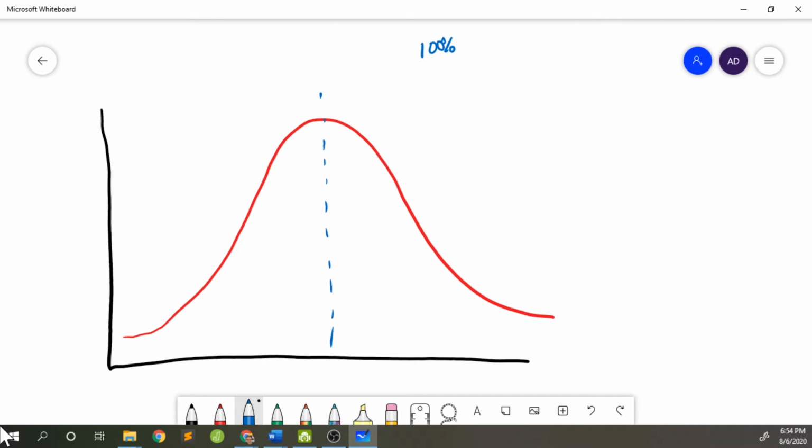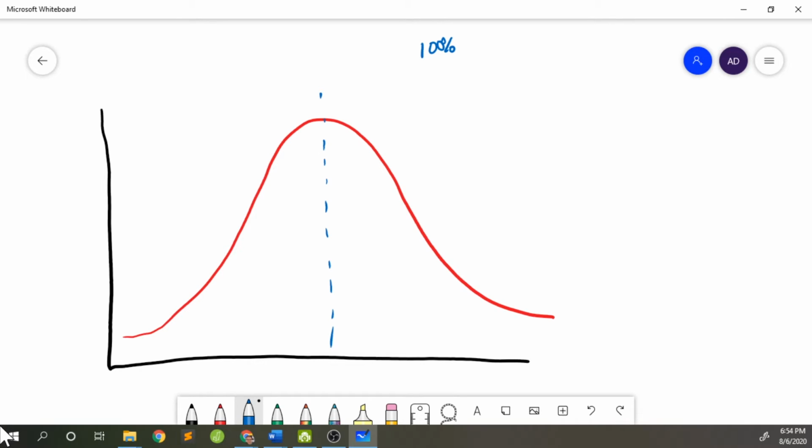Most people are going to be kind of here in the middle, right? So as you go in these directions, they're going to be increasingly more rare. The further you go out this way and the further you go out this way. The most common is going to be somewhere here in the middle. Okay, but 100% of the data fits under the curve.